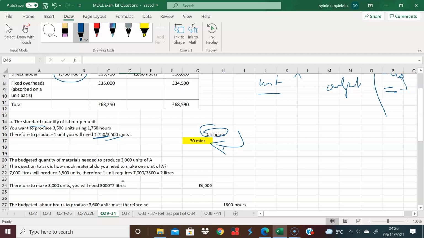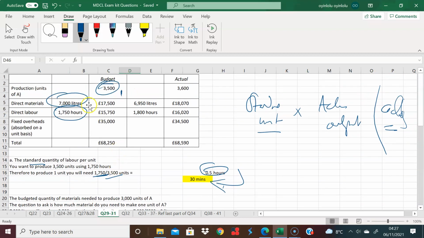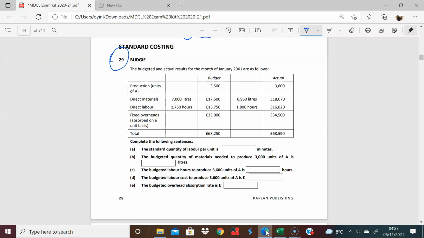So the question wanted to know the budgeted quantity of materials needed to make 3,000 units.